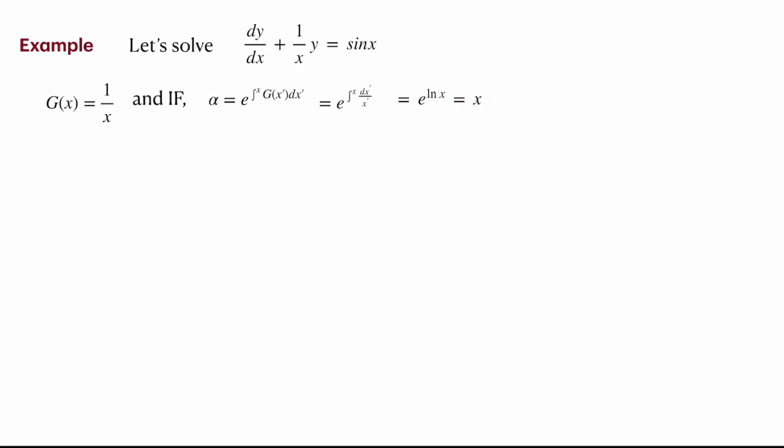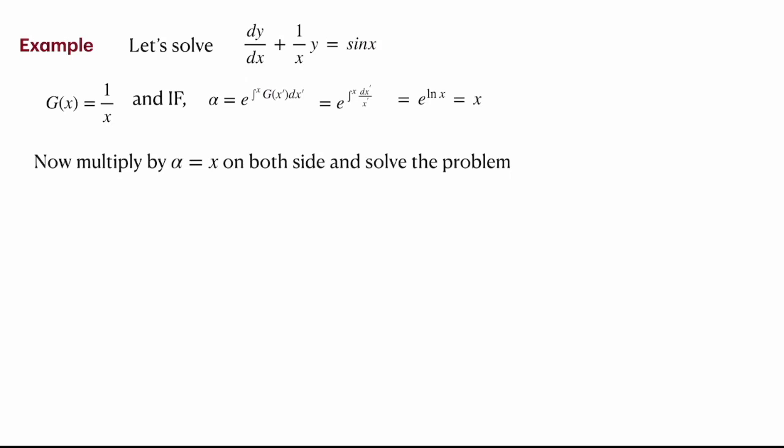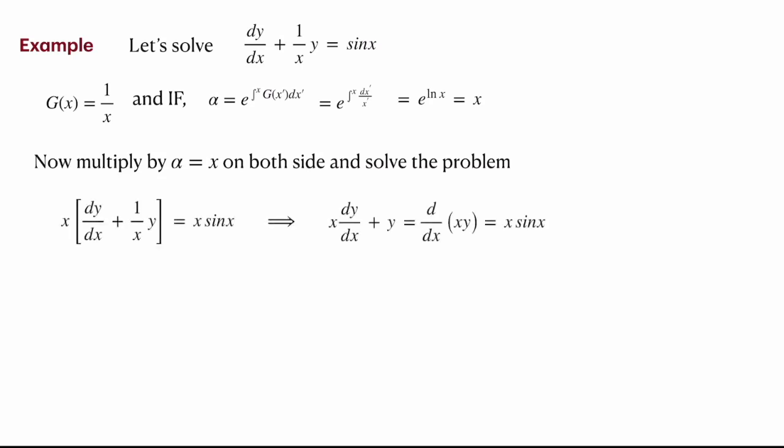Once we have an integrating factor, we multiply our original differential equation with the integrating factor on both sides and try to write it as an exact differential equation and integrate it out. So we have x times dy by dx plus 1 by x times x times y is equal to x sin x.